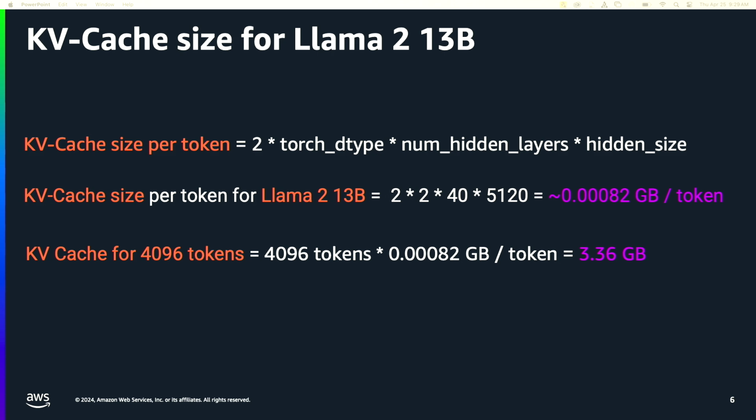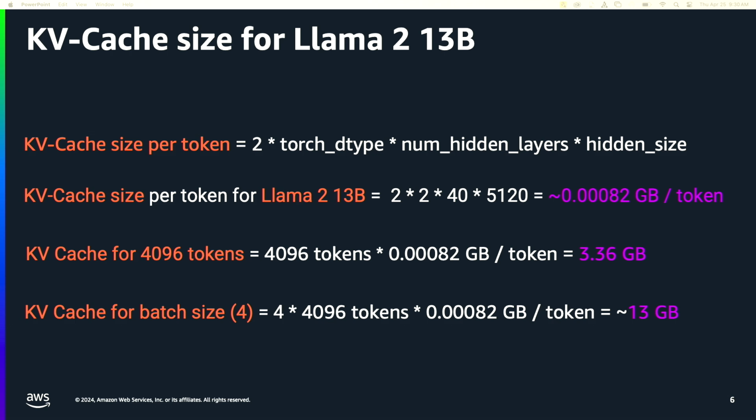You just have to reserve that much in order to serve one request with 4096 tokens in it. Now, if you want to enhance the performance in terms of the throughput and also the concurrency, you might want to handle more than one request concurrently.